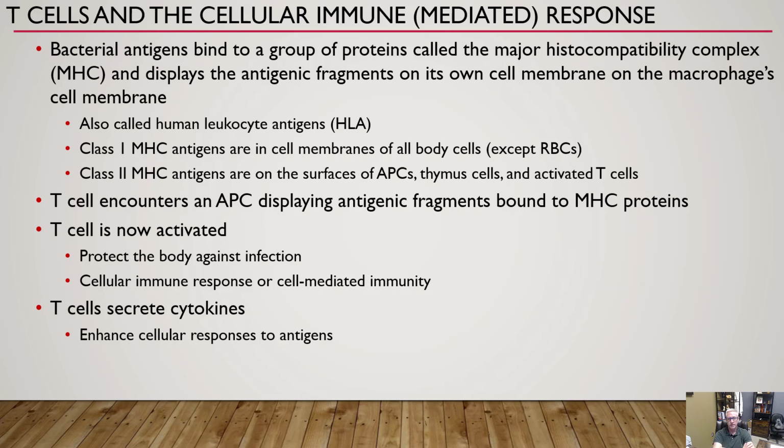We also call these MHCs, those complexes, HLAs, because they were first identified in white blood cells. We have two different types of MHCs: class 1 and class 2. Class 1 are going to be on the surface of all body cells except for red blood cells, and class 2 MHCs are on the surface of antigen-presenting cells, thymus cells, and activated T cells.